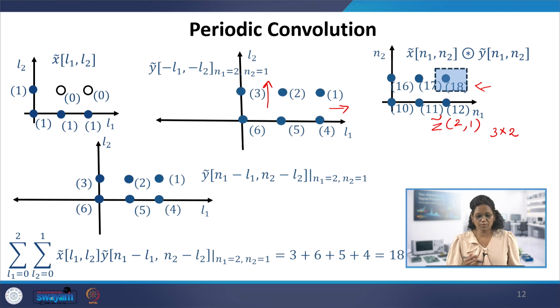So this is how we perform the periodic or circular convolution in 2D sequences. We have shown that in 1D as well, so you can apply the same thing here. But the important step is to bring the flipped sequence, and then the signal points which are out of n1 n2 need to be brought back to n1 and n2 using the mod function.